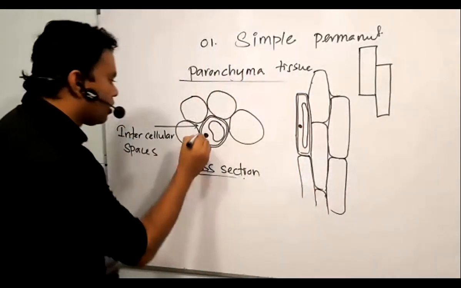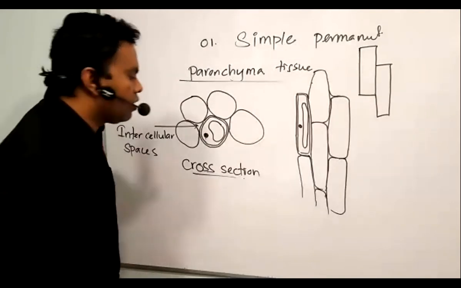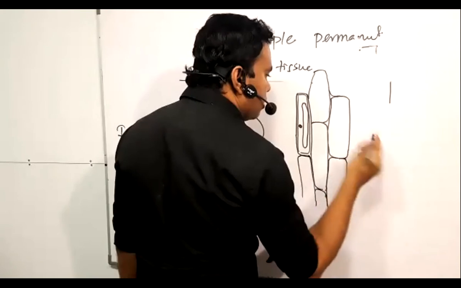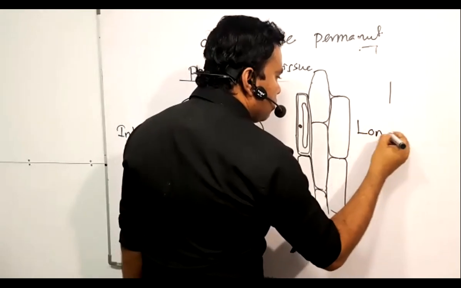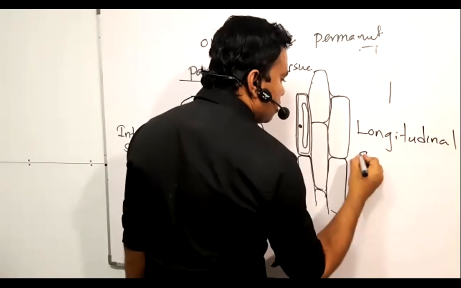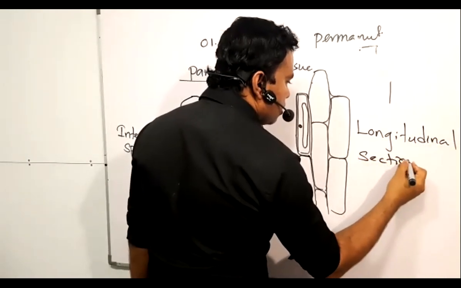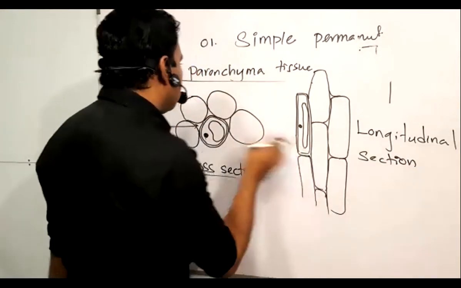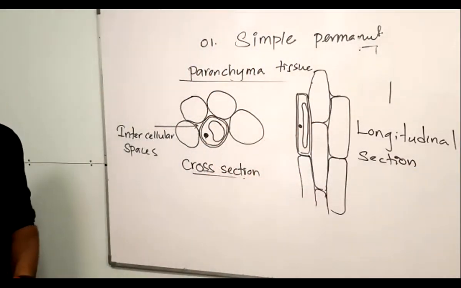So this nucleus exists. Okay, let's write them. So this is longitudinal section. Okay, so both are parenchyma tissues.